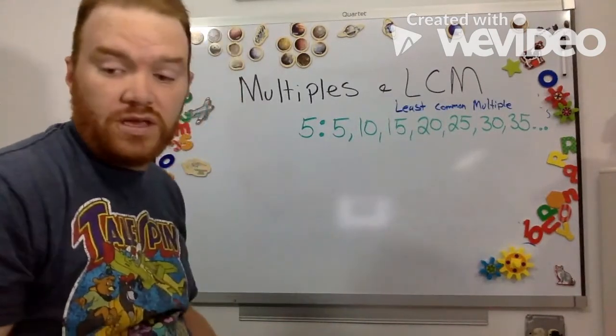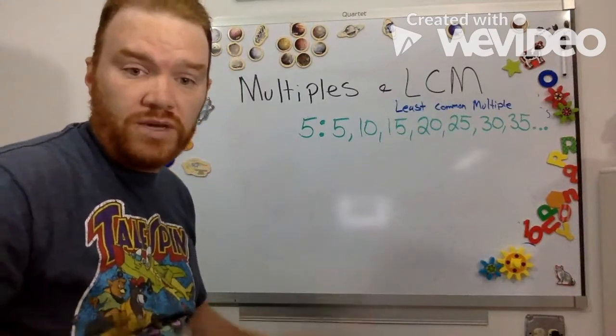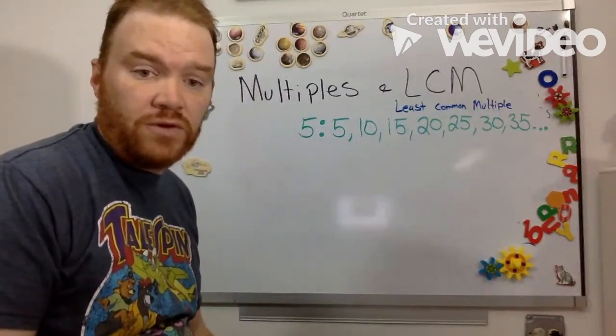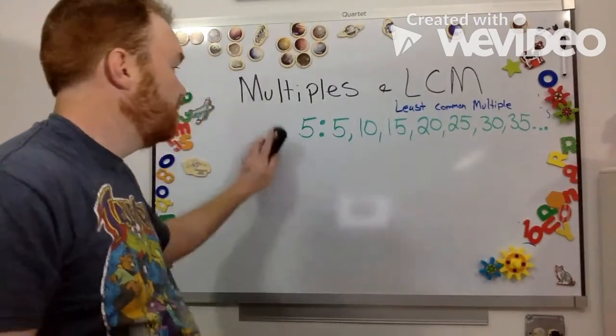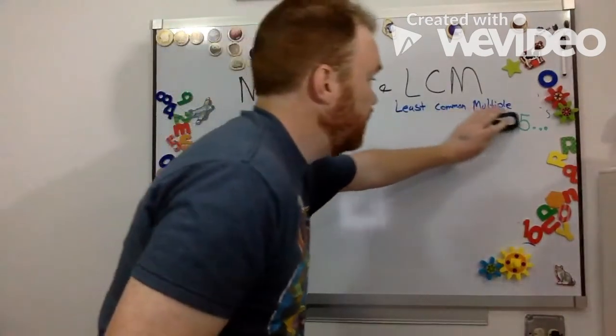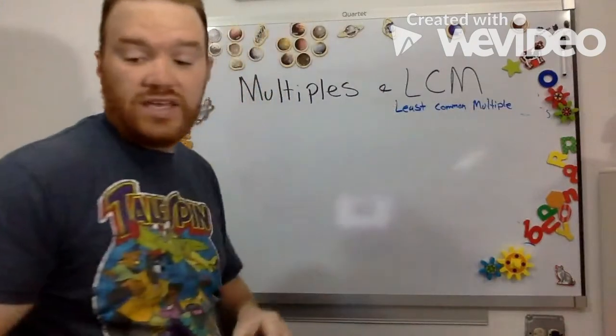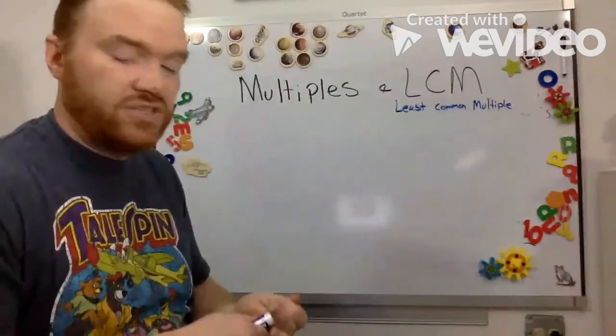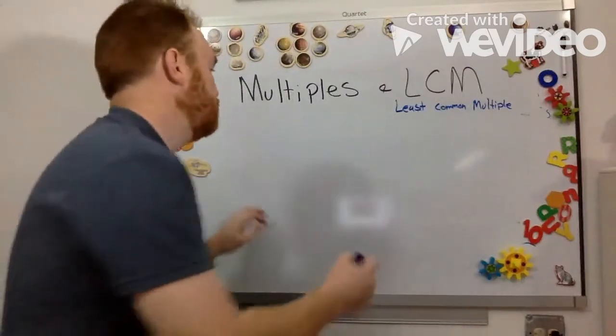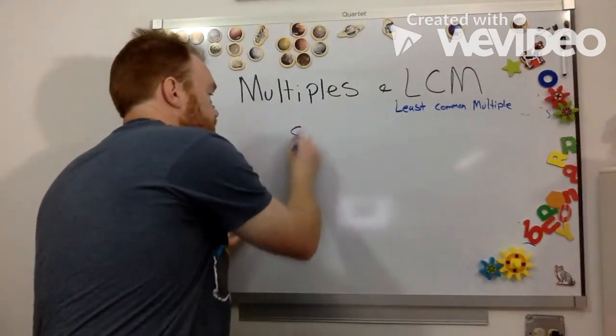Now I'm going to give you a chance to pause. What I would like for you to do is go ahead and list out the first 7 multiples of 8.